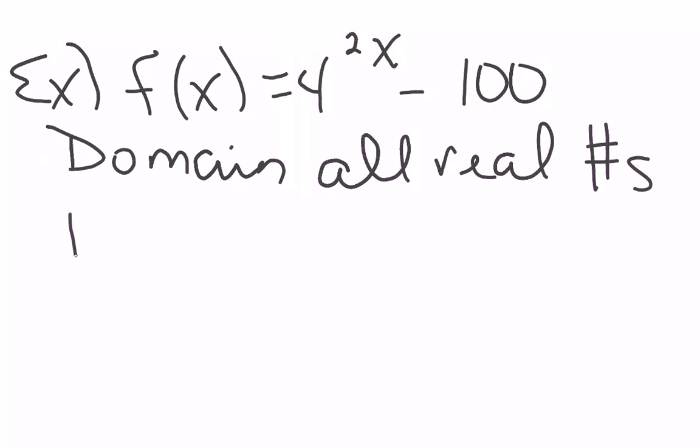And they want us to find the range. So we have to remind ourselves, what does that mean? The domain means that it's all the x values, so any x values that I can plug in there. When it says all real numbers, that means I can plug pretty much anything into that function and not have any issues.